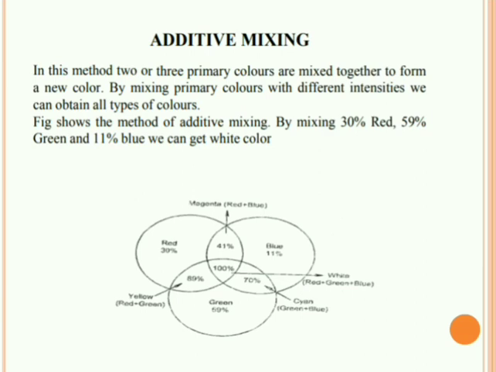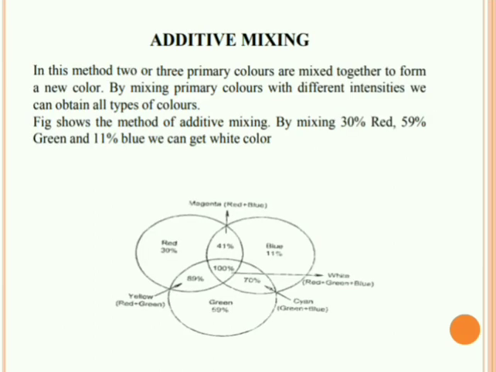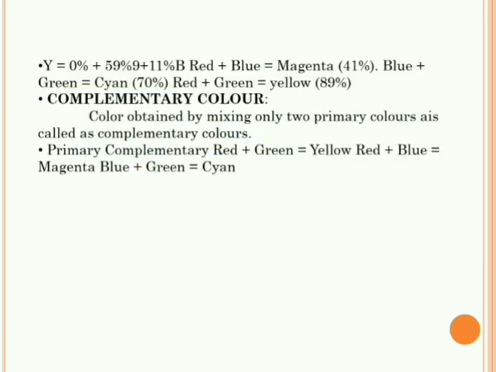After that, magenta color we have also seen. That is also formed. Cyan color is also formed by adding green and blue color. Now the complementary color. What is a complementary color? A complementary color is a color obtained by mixing only two primary colors. Here are we mixing all three colors?